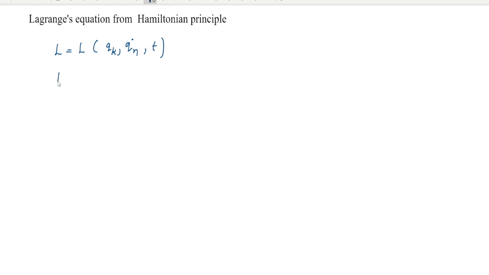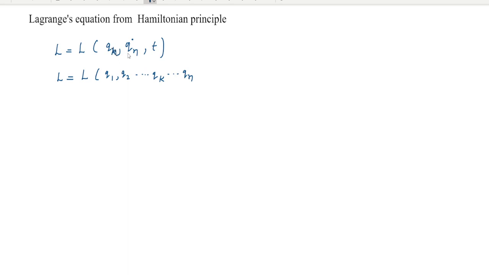So here I'm going to expand this equation like this. L means Lagrangian, q1, q2, and so on, qk, and so on, qn.